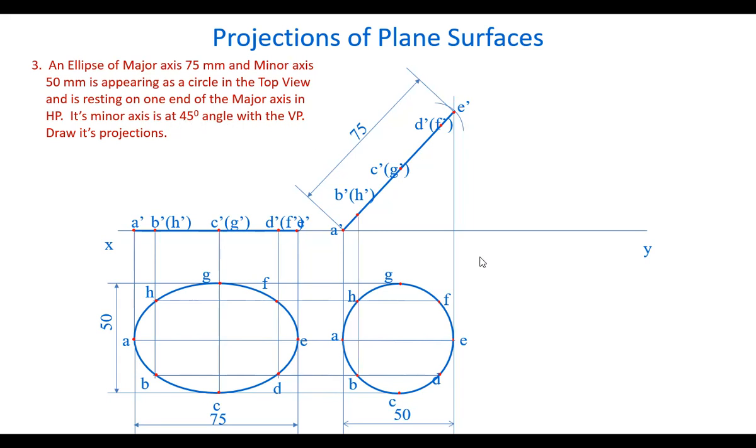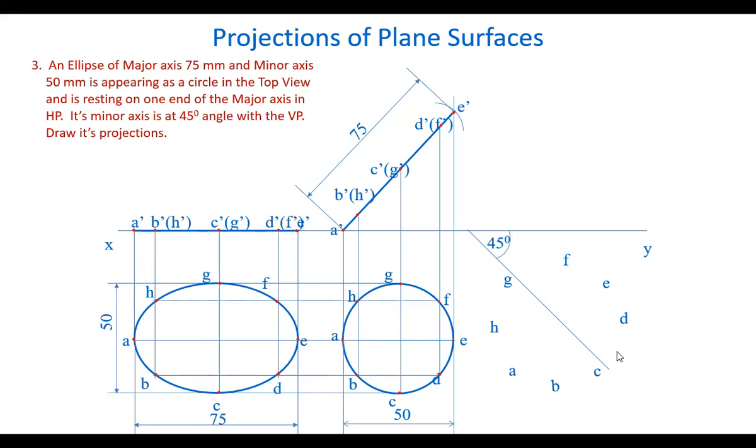Draw a line here at 45 degrees angle. All the projectors are drawn and the front view marked. Now, the 45 degrees line is drawn. On this line, we take the G and C points here. With these two points as reference, let's mark the other points, finding them with the distances from this.